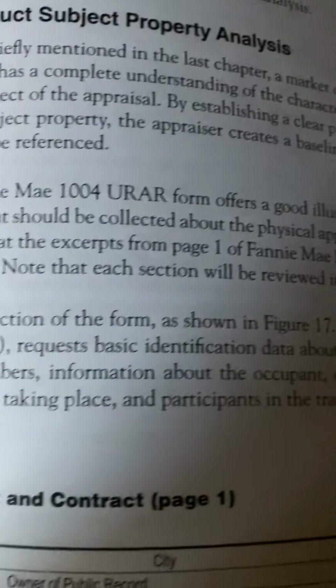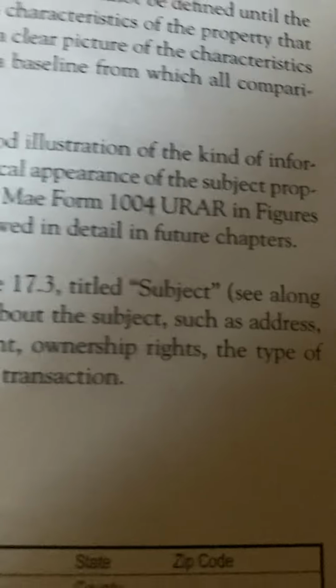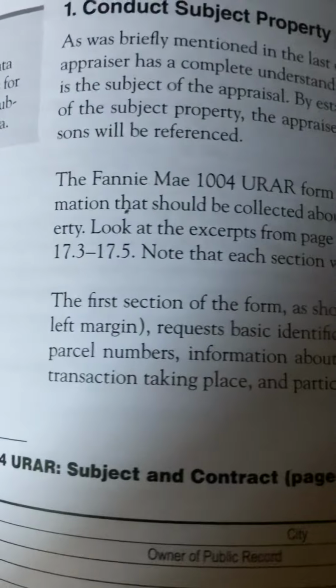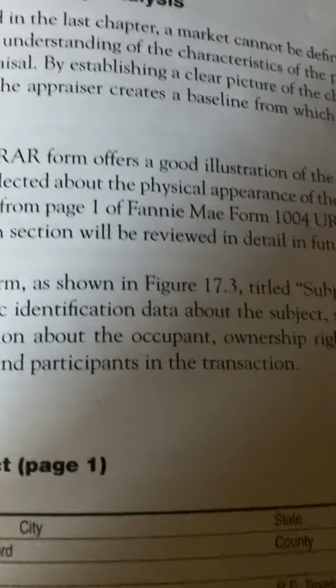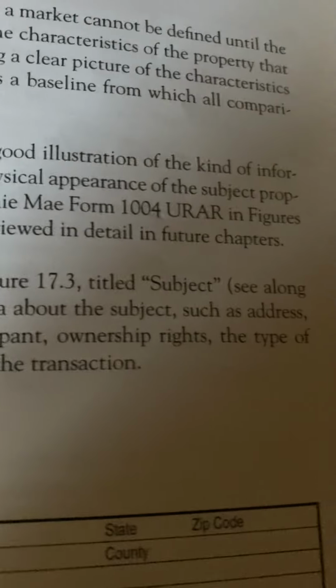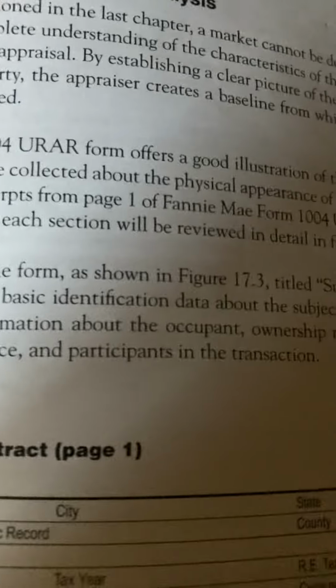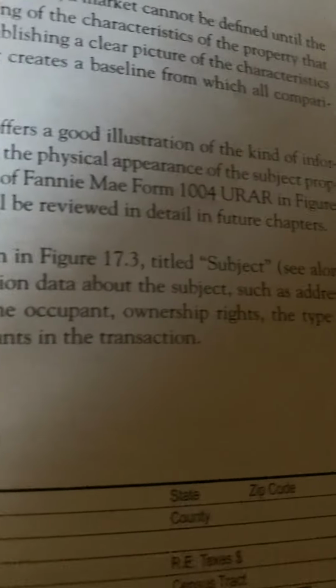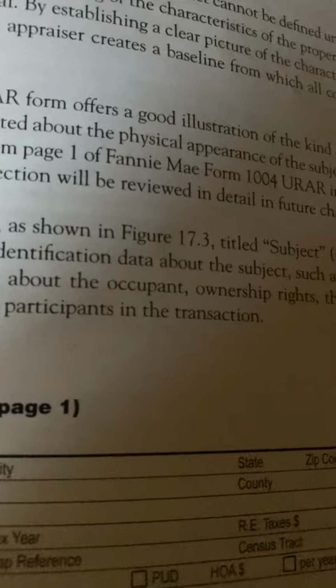The first section of the form, as shown in figure 17.3, titled Subject, see along left margin, requests basic identification data about the subject, such as address, parcel numbers, information about the occupant, ownership rights, the type of transaction taking place, and participants in the transaction.